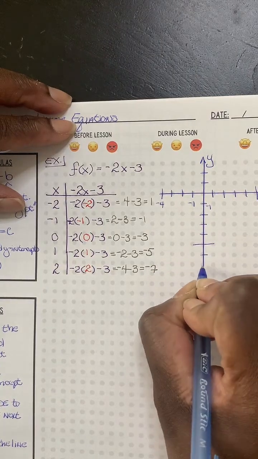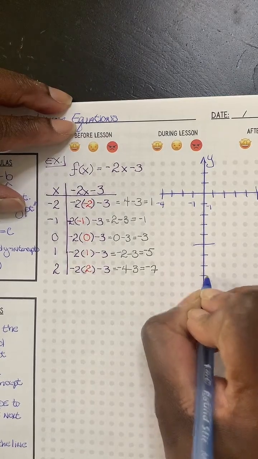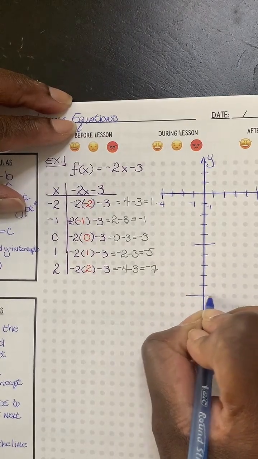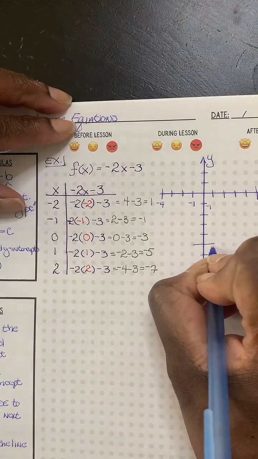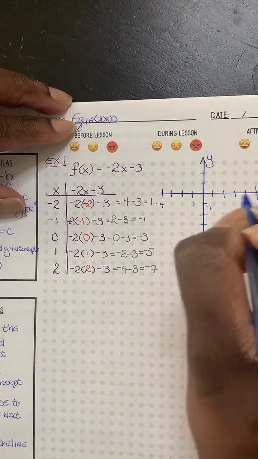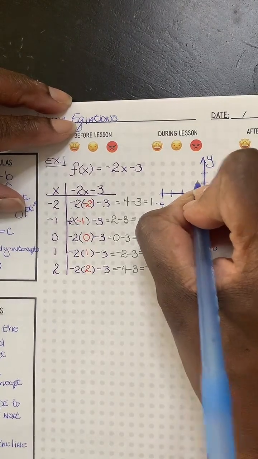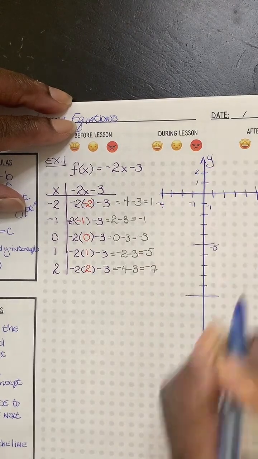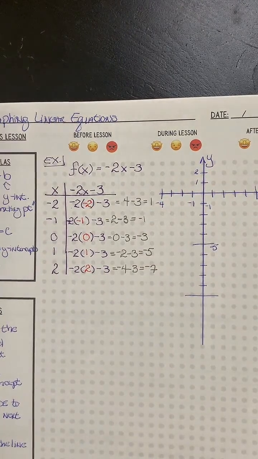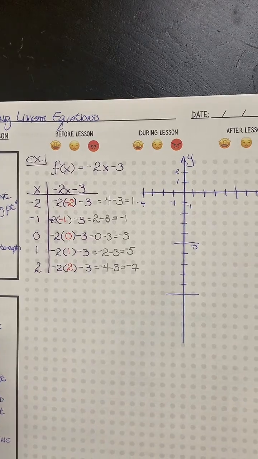I like to make my 5s a little larger. 10. So you can see it a lot better. And this is a 1 and 2.